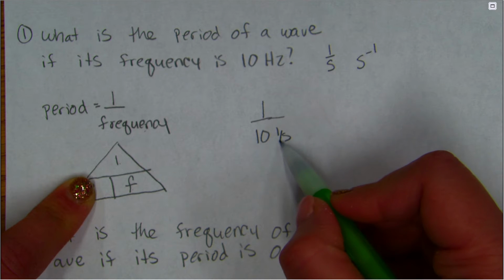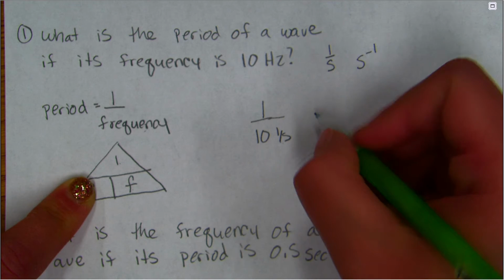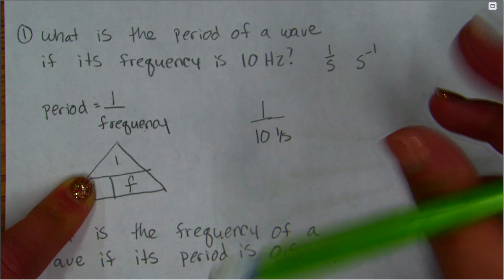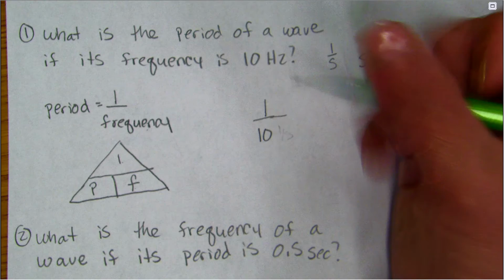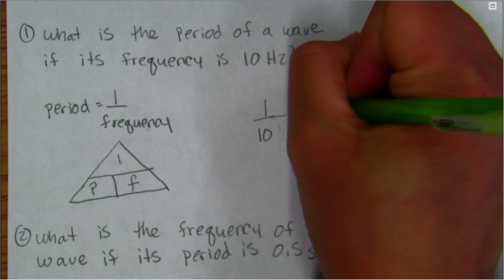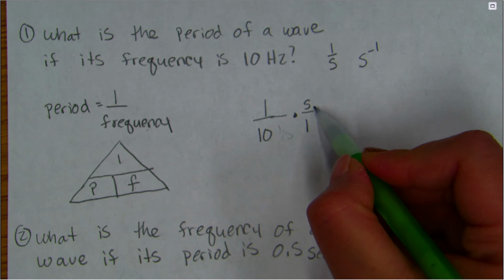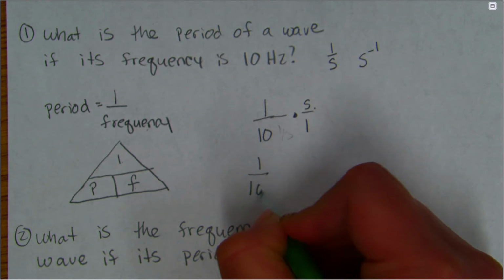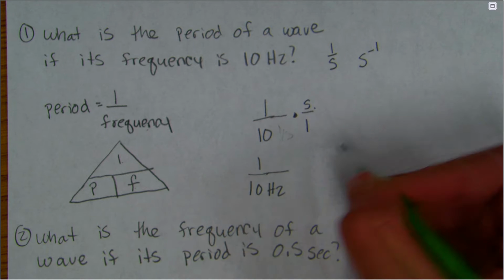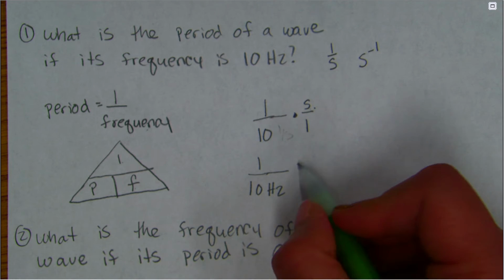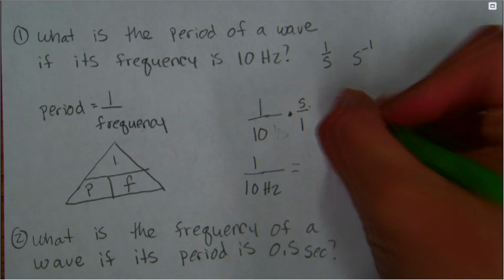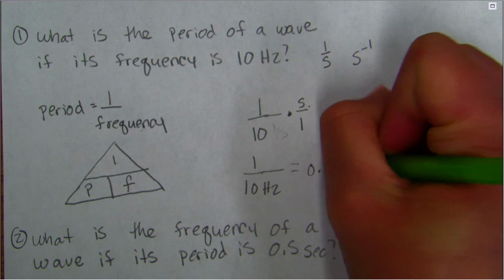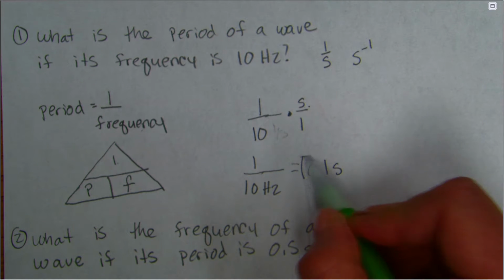So because this is a division, essentially when you divide by a fraction, you multiply by its reciprocal. So seconds is going to end up on top. Y'all see that? So when we write 1/10 hertz, seconds will end up on top. So when you divide this in your calculator, you get 0.1 seconds.